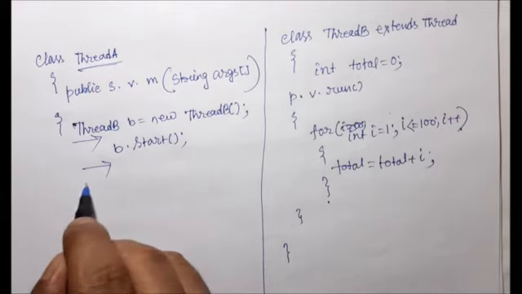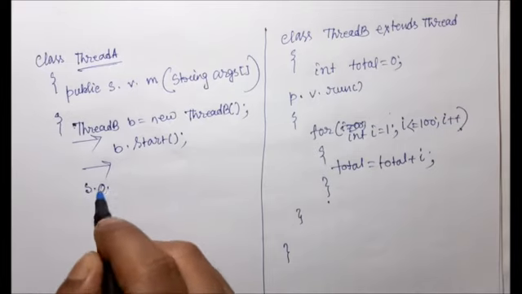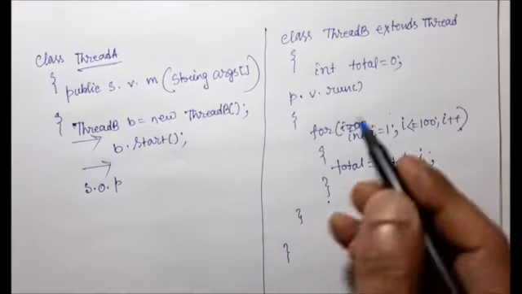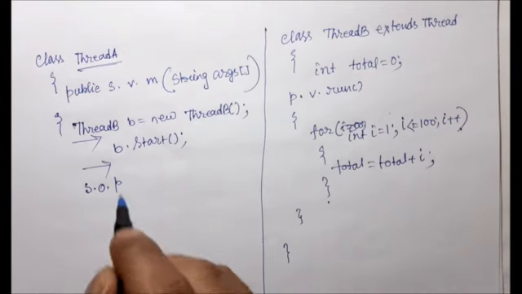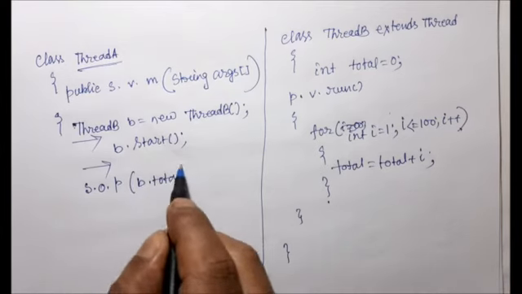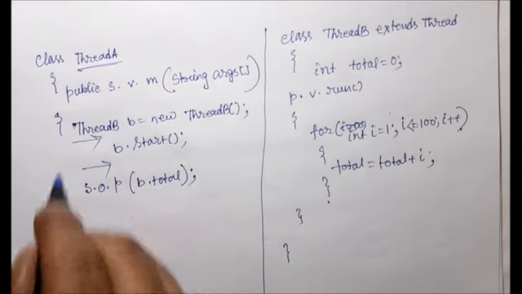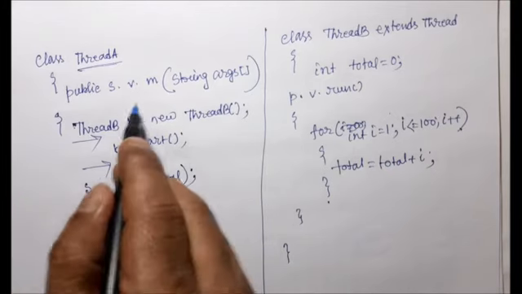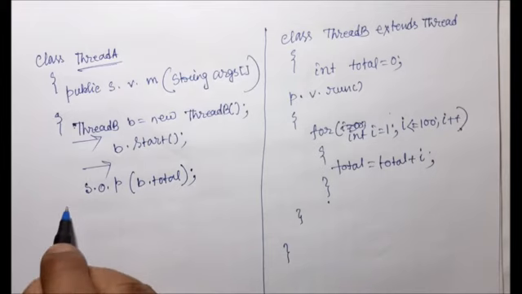So I want System.out.println, I want the total number, so b.total. So the public static void main method is complete, then the class is complete.